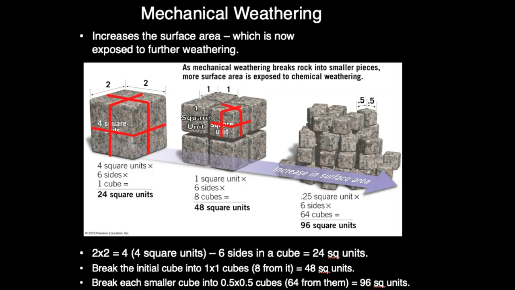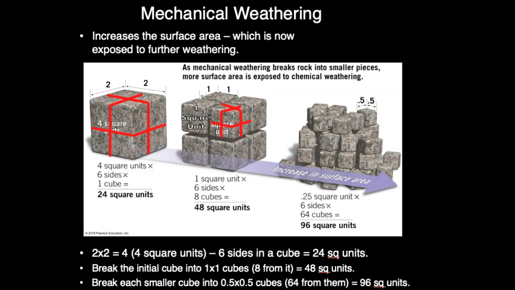And each cube again has 6 faces, so each cube has 6 square meters exposed to the surface, which makes the cumulative meters that are exposed to the surface to be 48, because there are 8 cubes. So again, 6 square meters per cube times 8 cubes that now make up the same volume as in the previous image make up 48 square meters that are exposed to the surface.